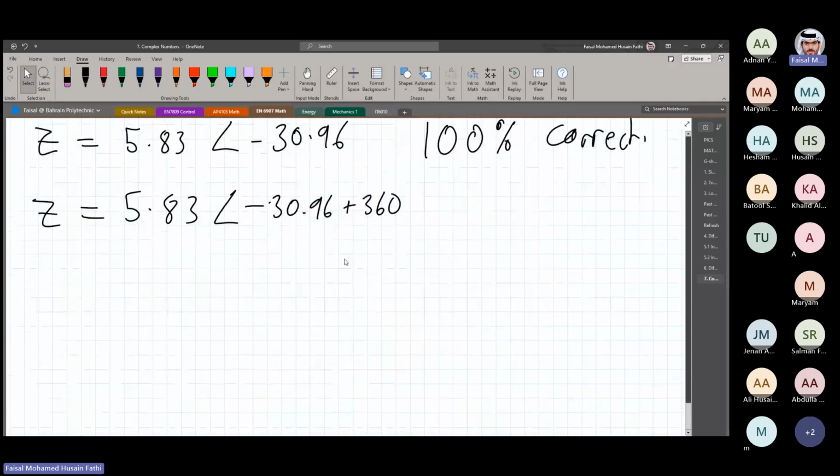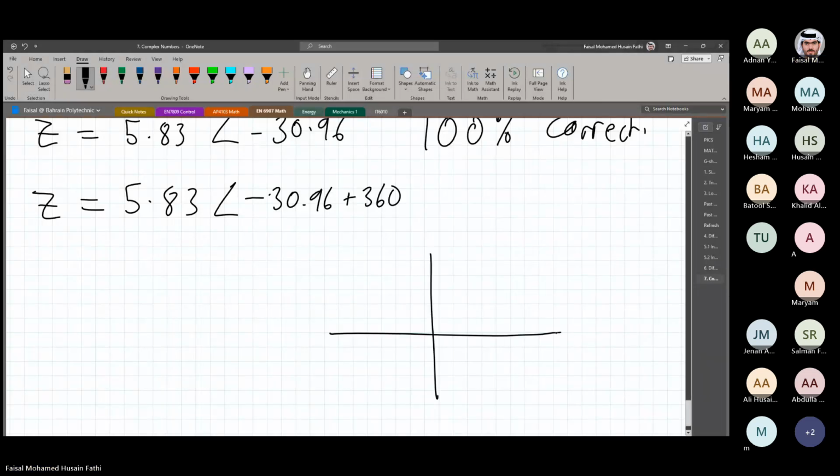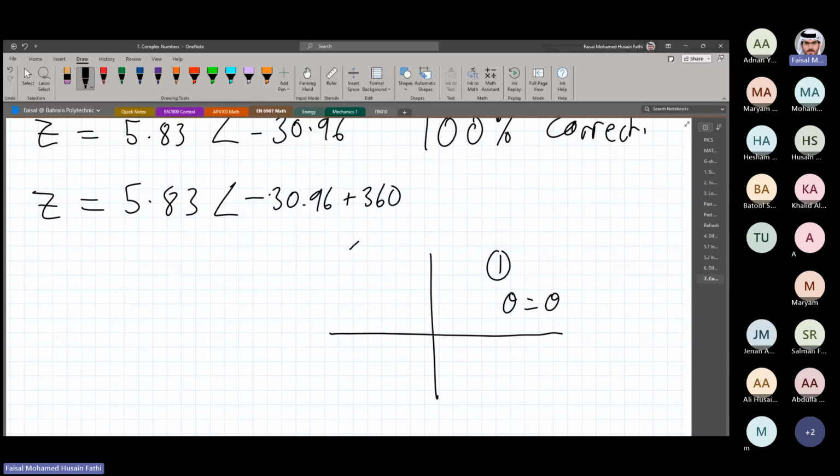So if you want, that's a good rule of thumb. If it's in the first quadrant, angle is equal to theta. If it's in the second quadrant, angle is equal to 180 minus theta.